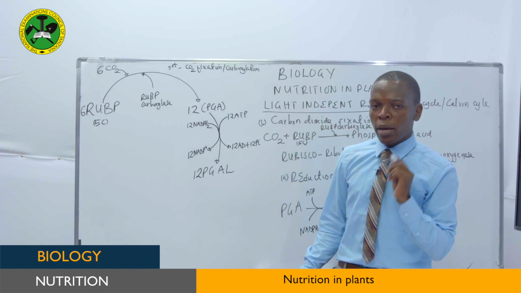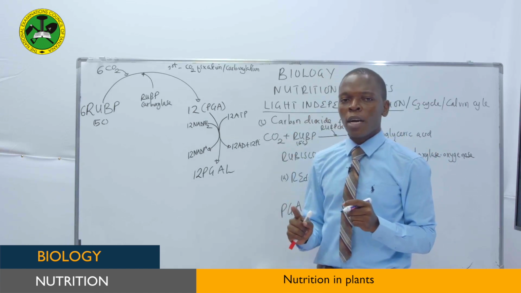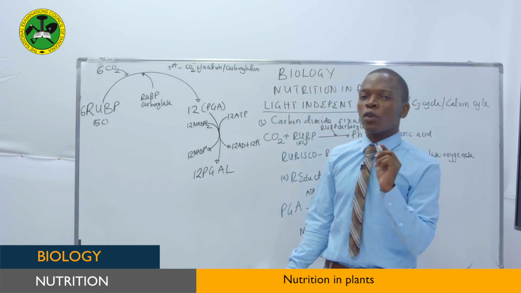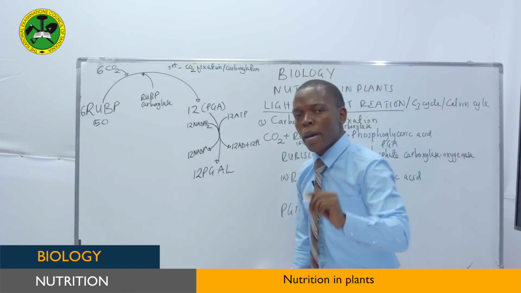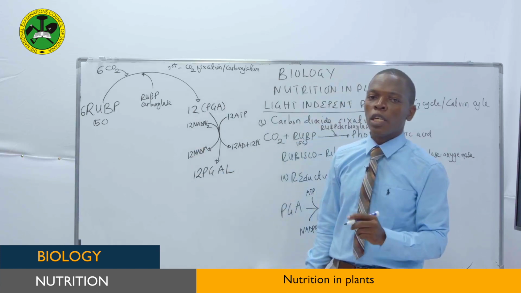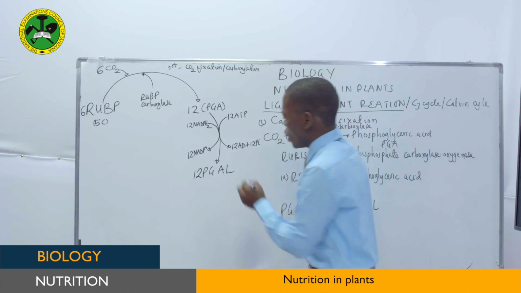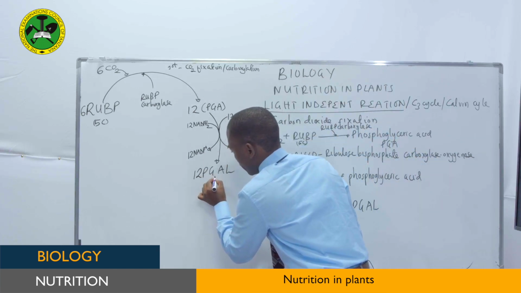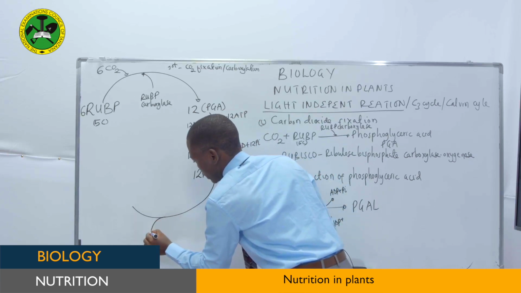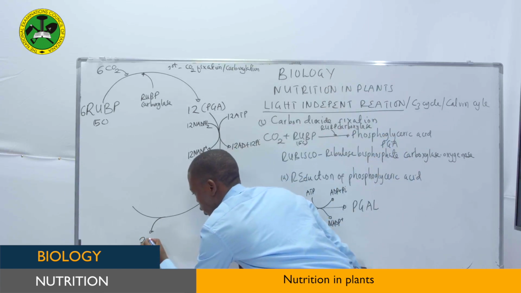But keep in mind that of these 12 molecules of PGAL, only 2 molecules are used to make a photosynthetic product, so these 2 molecules are separated from the cycle. The remaining 10 molecules are used to regenerate ribulose bisphosphate.